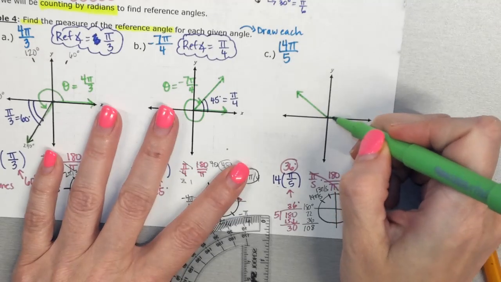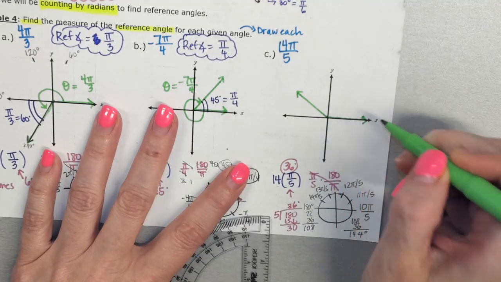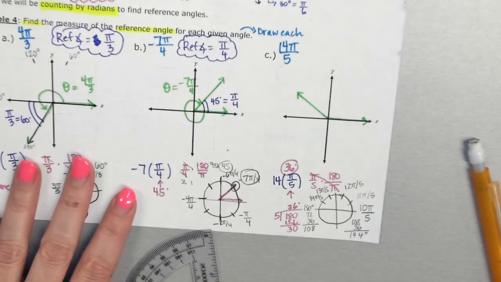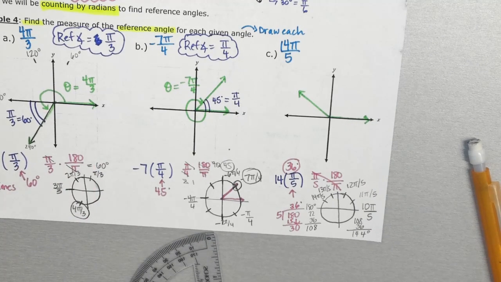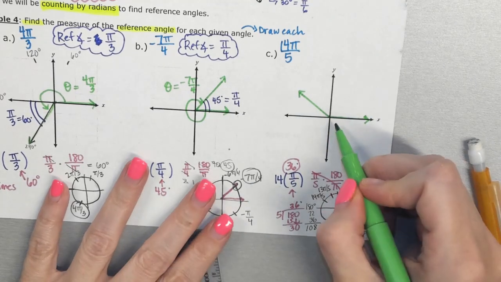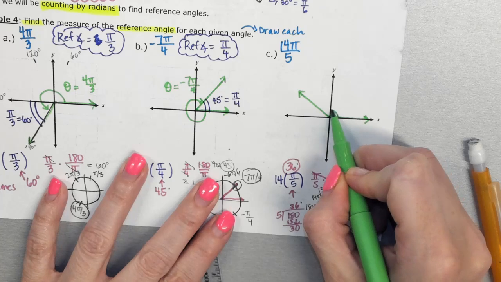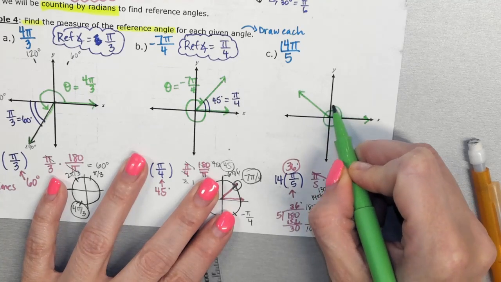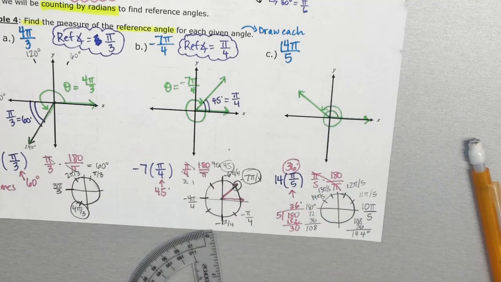And again, it doesn't have to be perfect. It should just be a reasonable estimate. And remember, you did a full rotation. So when you're drawing the angle, we're starting here. You do a full rotation, and then you have that coil.